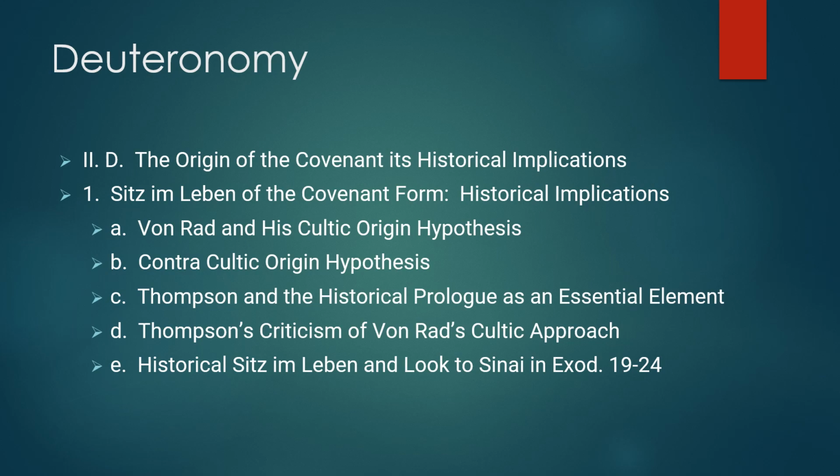The historical prologue is that which recites real history, not some sort of legendary materials that would not provide an adequate basis for the relationship that is put into this particular form. In other words, history is necessary for the form as we have it.